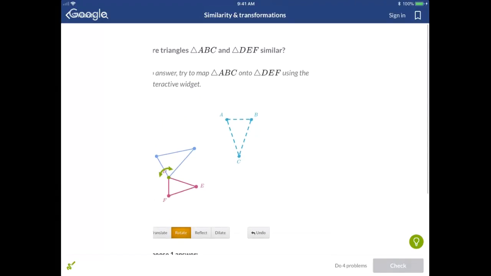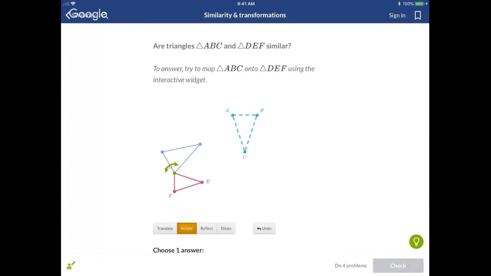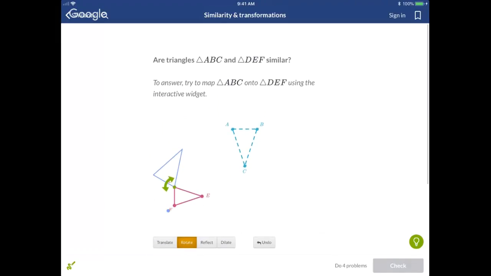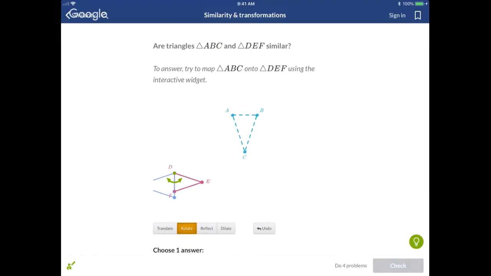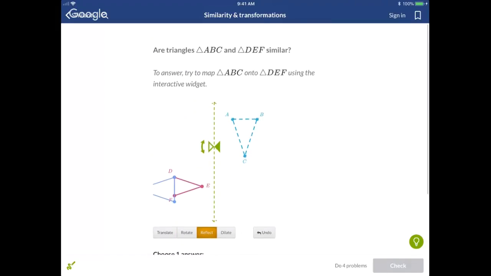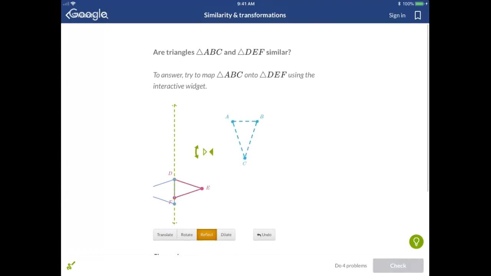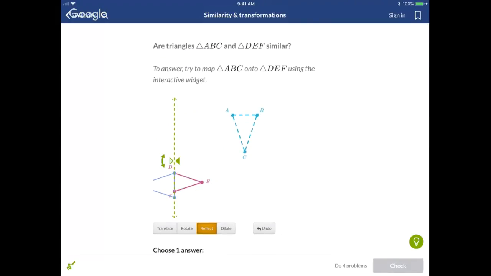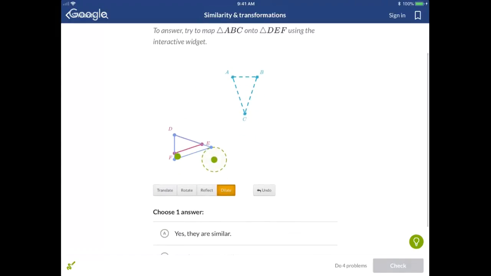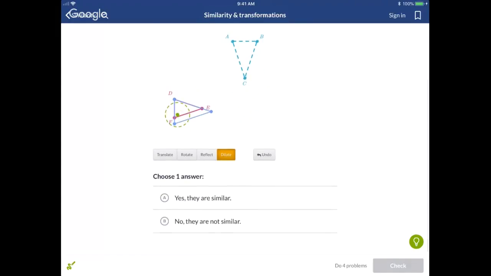That rotation isn't working. I was hoping to get a point to line up. There we go. Okay, then I'm going to try a reflection about that line that I lined up. Then I'm going to try a dilation about that center that I got to be the center.